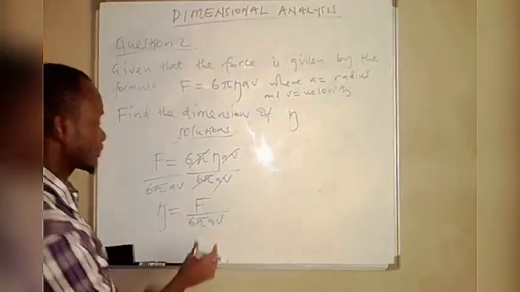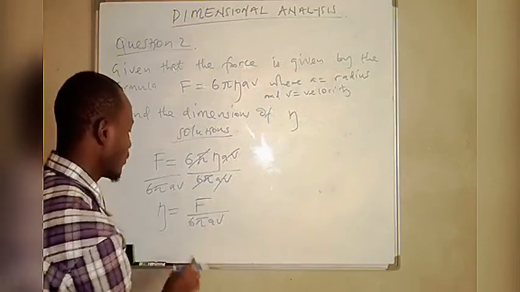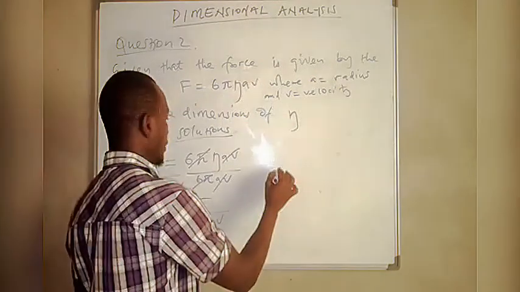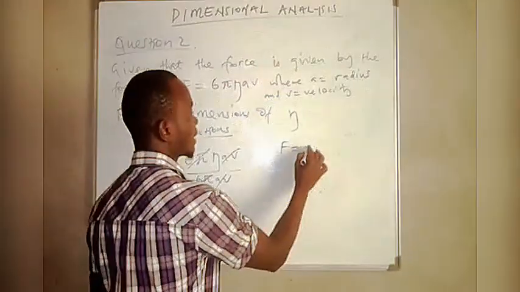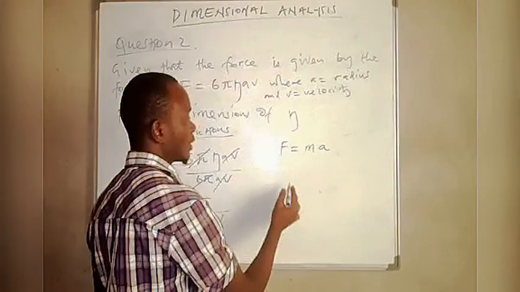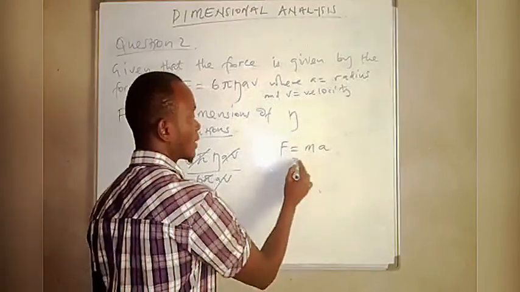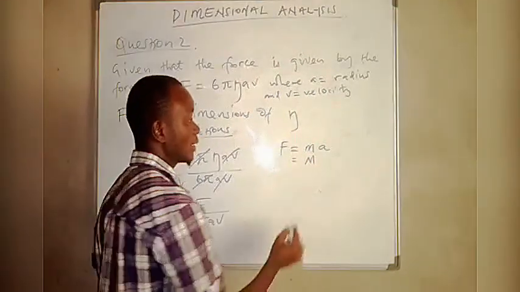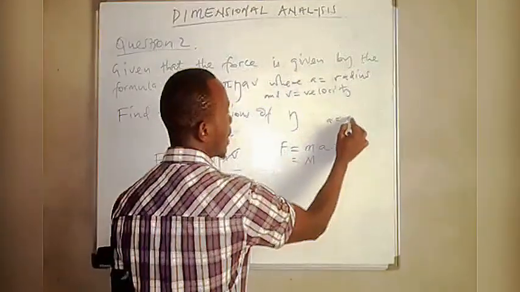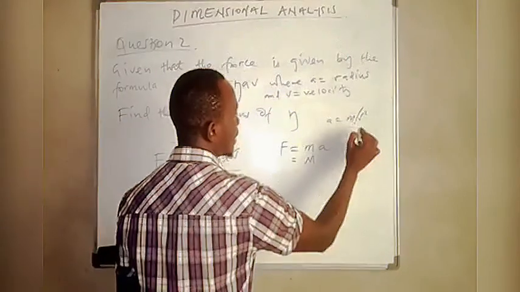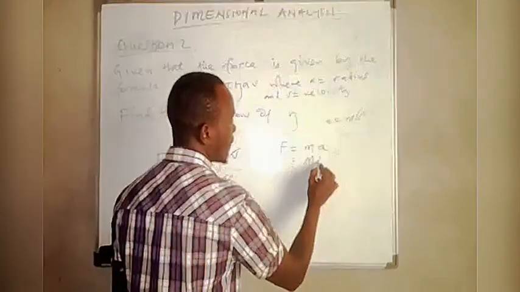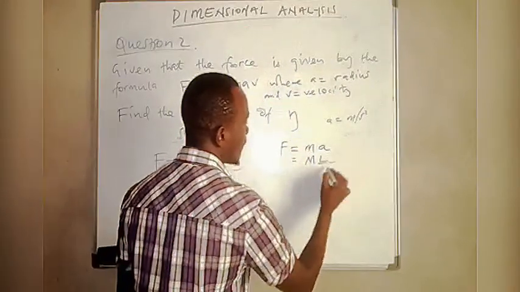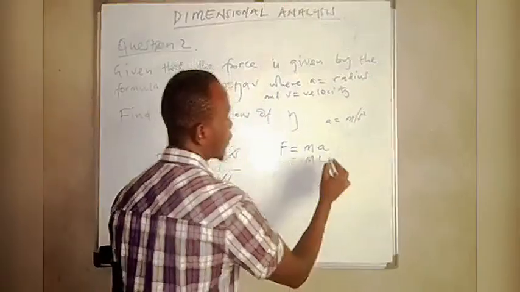Now here we just have the dimensions for force and the dimensions for A and V. We know that force is equal to mass times acceleration. The dimensions for mass is capital M, and for acceleration, from the units we have meters per second squared, so the dimensions are L over time squared.